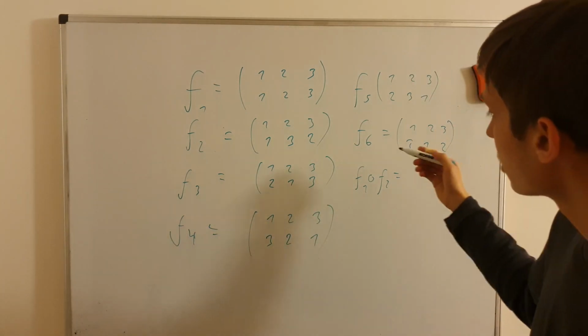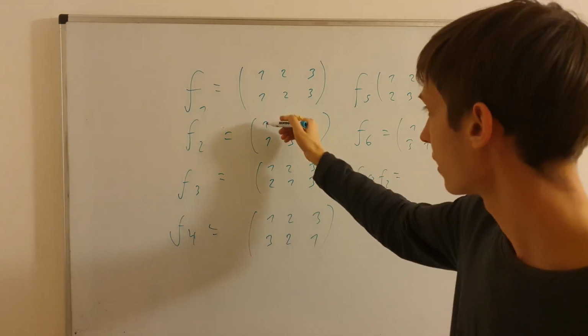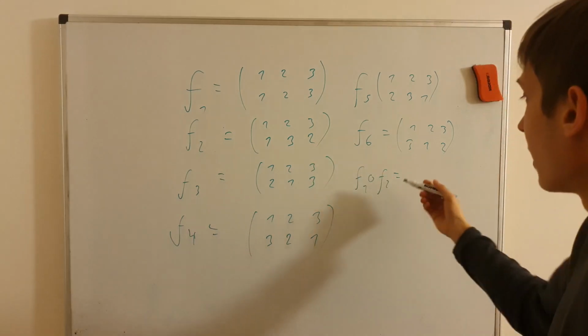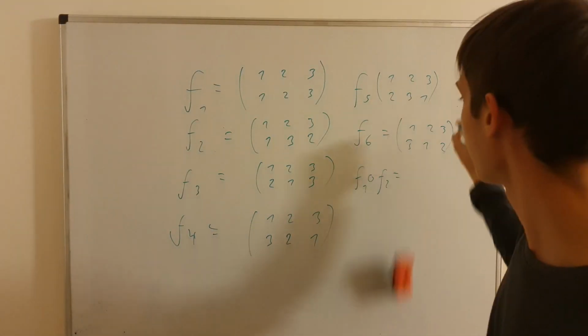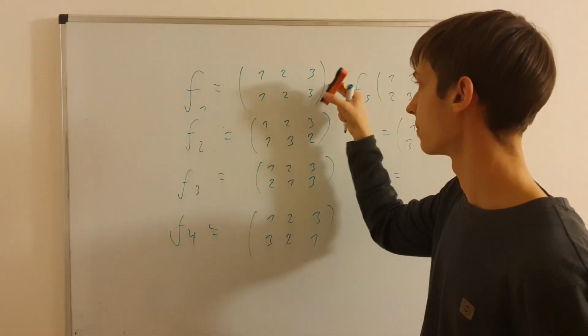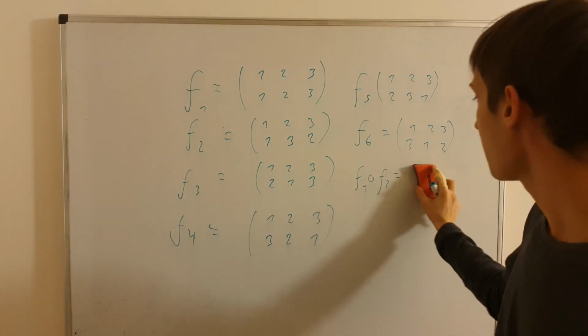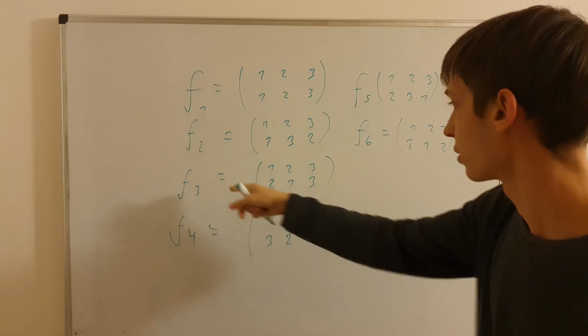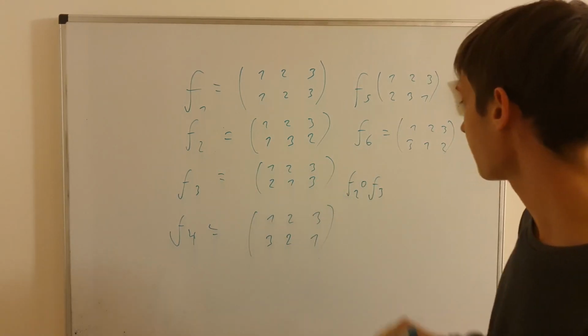And instead of putting it straight into f1, one first looks for what f2 gives, and then one puts that value into f1. Now f1, being this identity function, with the same outputs as inputs, maybe for a nicer example we could rather look at f3, f2. So let's say f2 and f3.